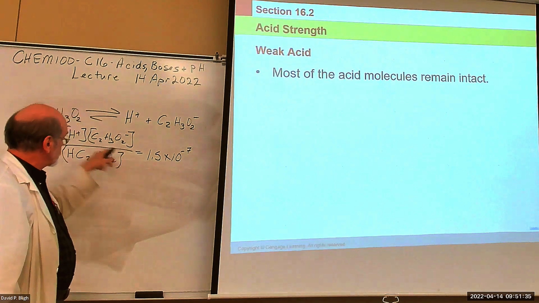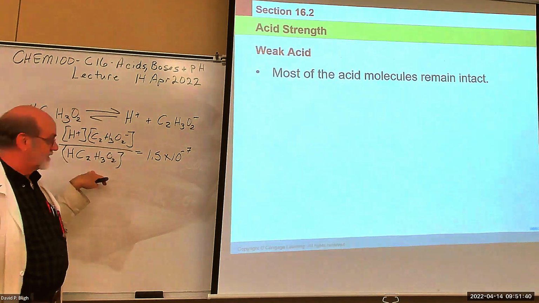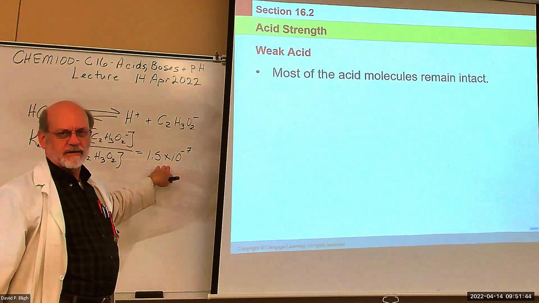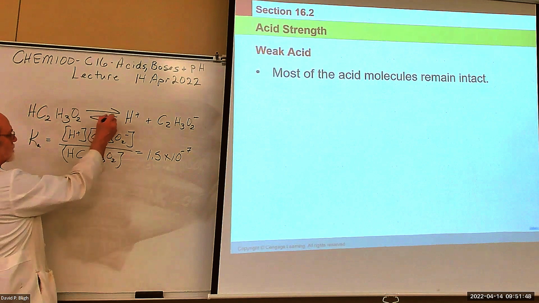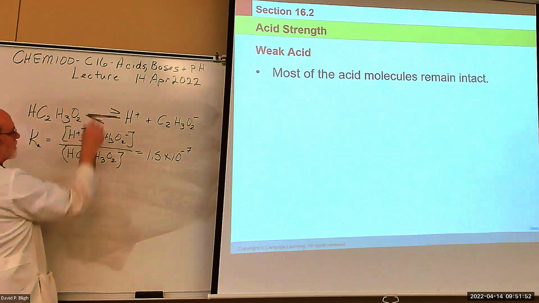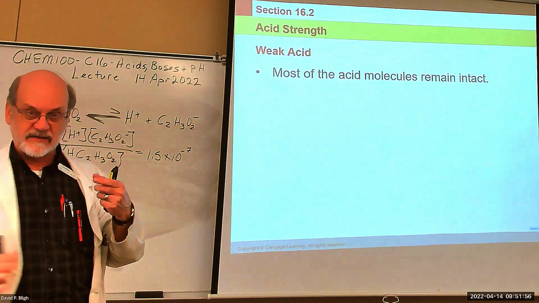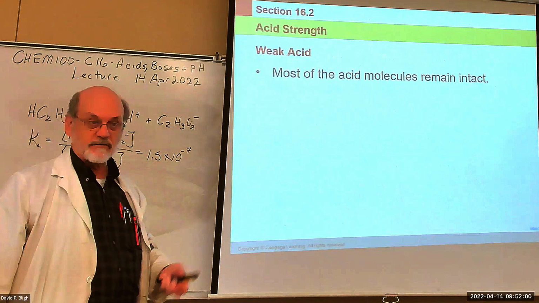So 10 to the minus 7 means that there's very little of this and a whole lot of that. That means, since it's much less than 1, that it's mostly over here, and just a little bit that direction. That's what a weak acid means. There's very little acid dissociation involved.